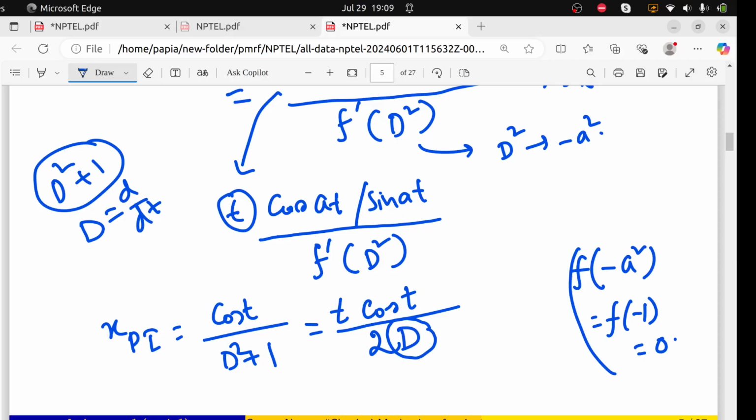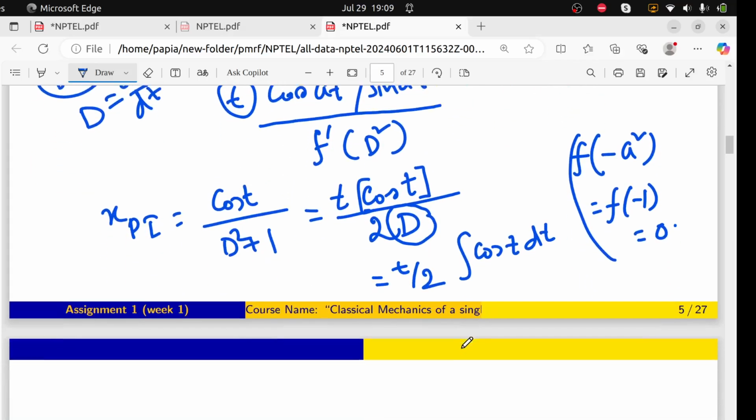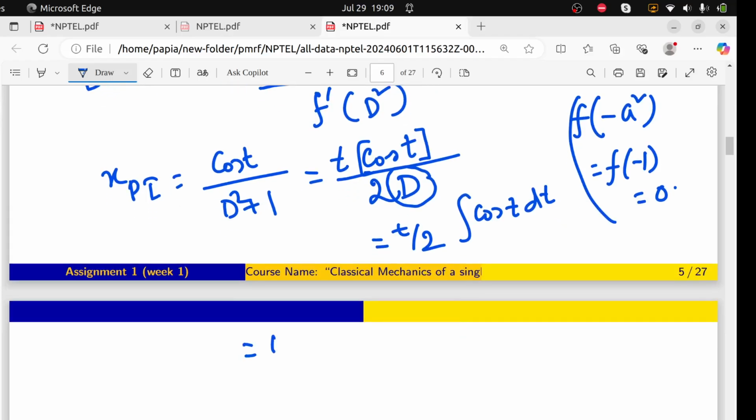That means as a whole we are going to take the integration. Integration of what? Integration of this part. So that means we are going to take t by 2, then integration of cos t dt. So our answer will be t by 2 sin t.